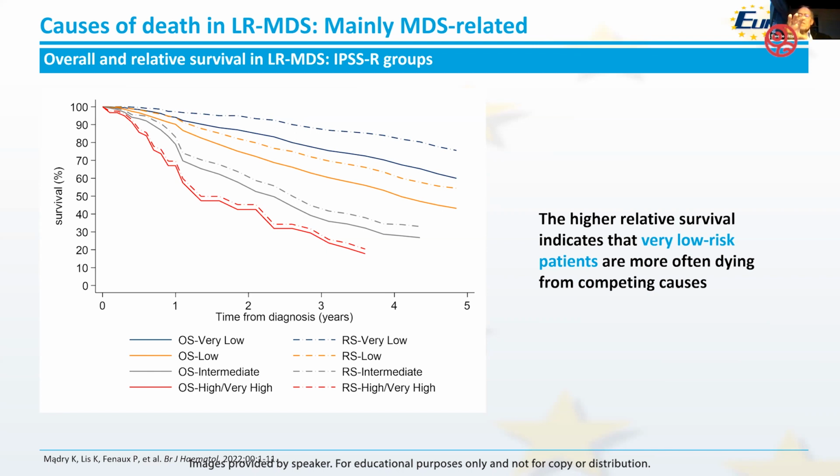Do you really think that in the future, when we have more high-risk patients available in this way, it will change? I wonder whether the patients with high and very high risk IPSS are more representative, because this group here we reclassified from the IPSS score and the original eligibility criteria.